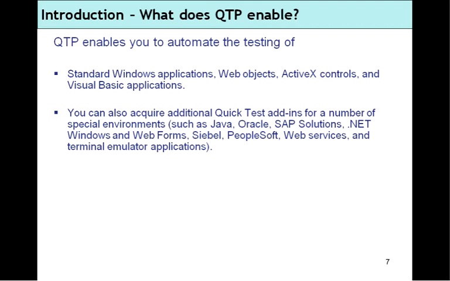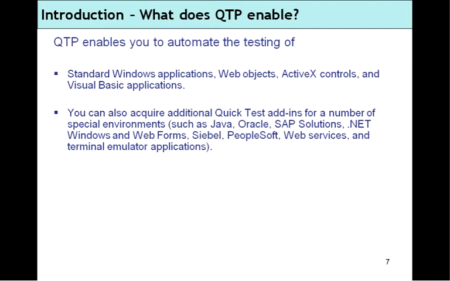Assume I have one application, a Windows application or a web application. If it is completely developed in Java technology, QTP needs the Java add-in to identify the Java application.